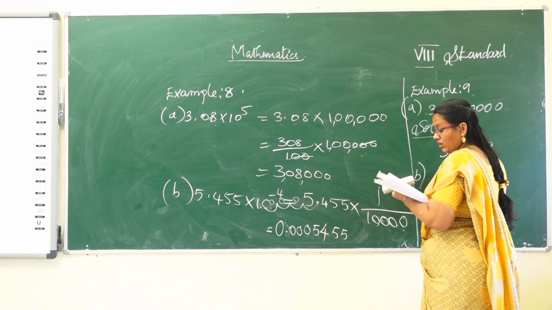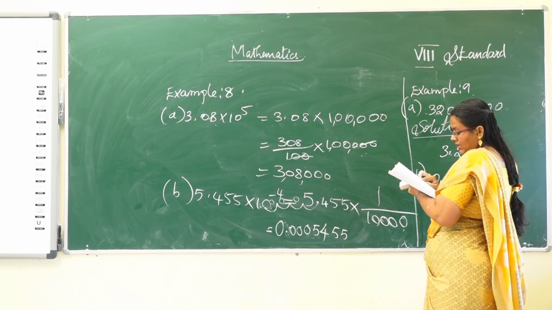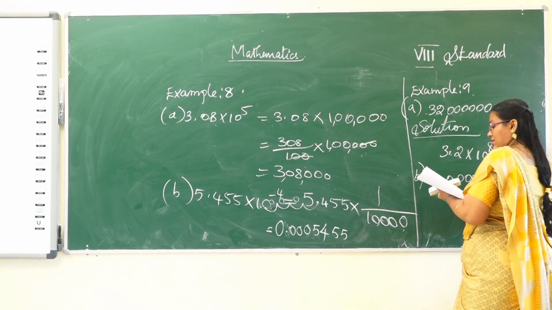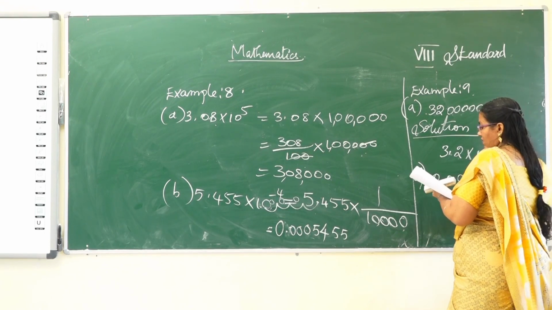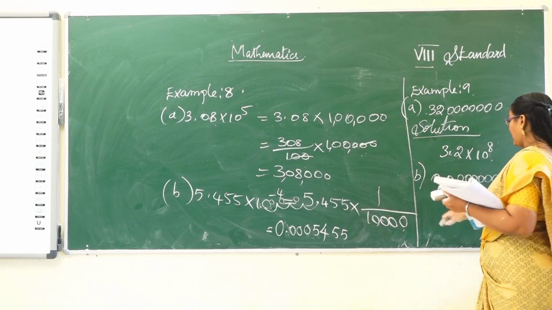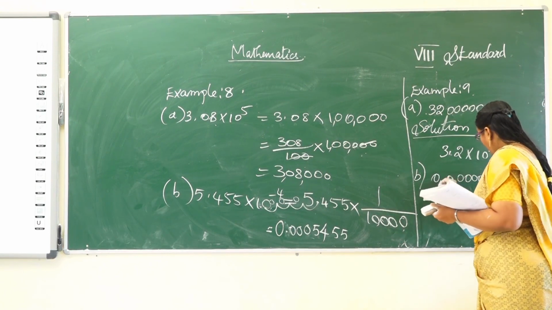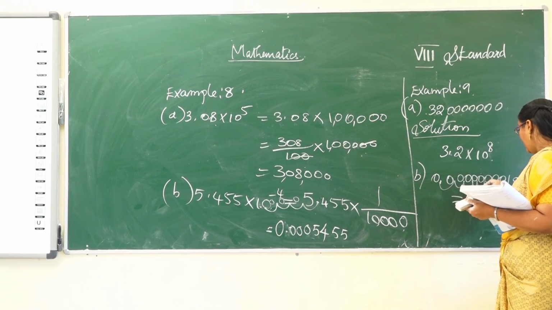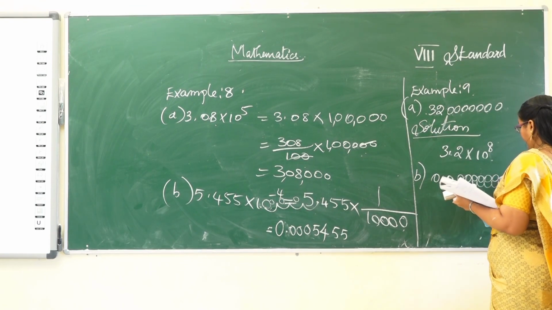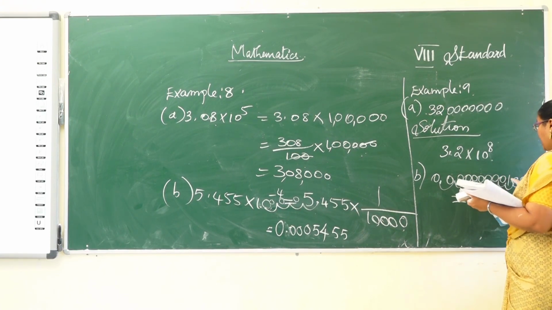And next one. 0.0 and how many zeros? 2, 4, 6, 8 zeros are given, and then 189. So the decimal point moves from the back side. 1.89. Counting 1, 2, 3, 4, 5, 6, 7, 8 and 9.